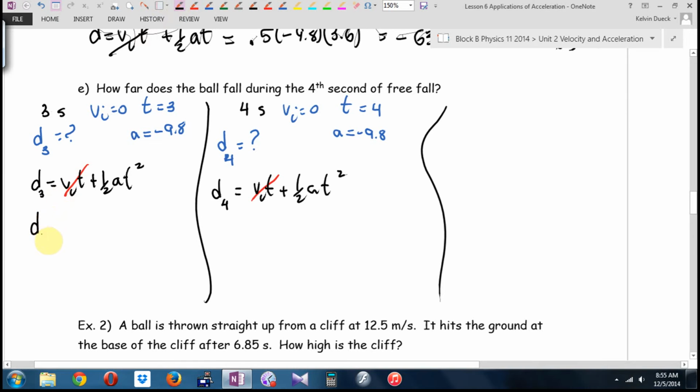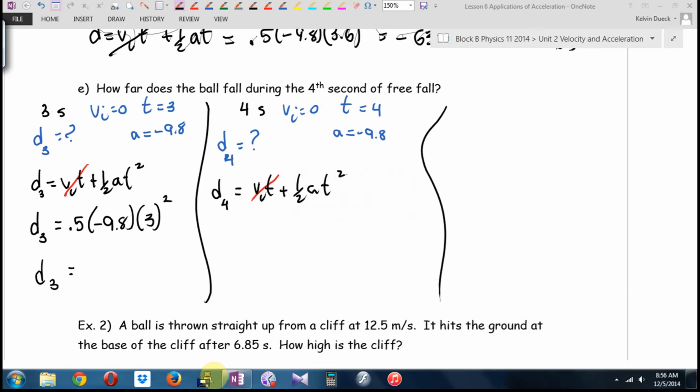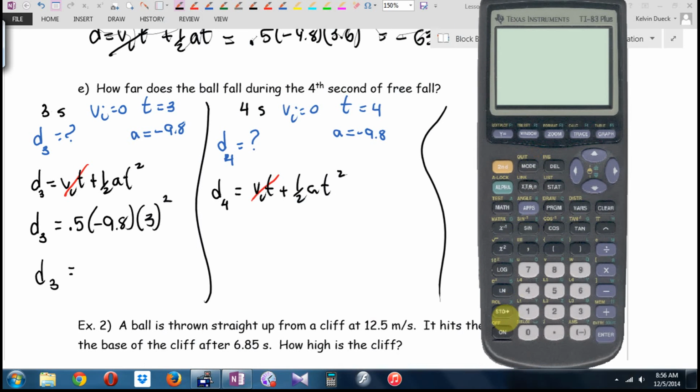So after 3 seconds, it's going to have fallen 0.5, a half, negative 9.8, 3 squared. How far does it fall after 3 seconds? Let's take a risk and see if I can get my calculator to work now. 0.5 times negative 9.8 times 3 squared.